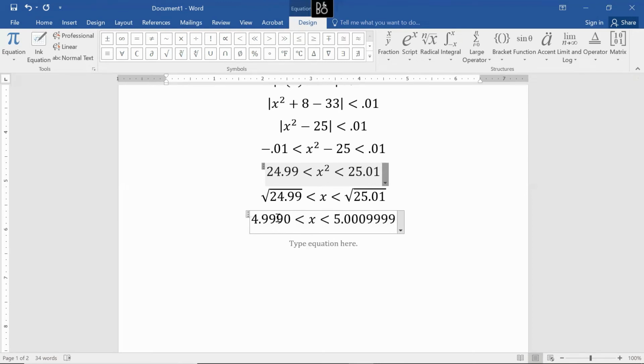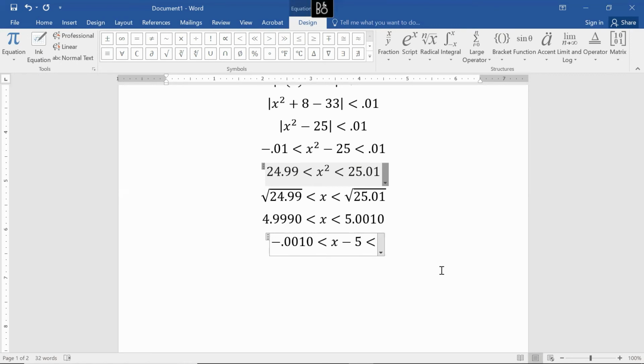And now I can more easily see that x minus 5 is forced to be between negative 0.0010 and positive 0.0010.